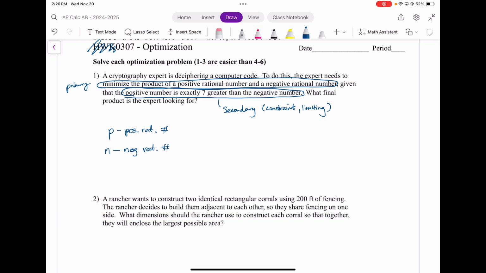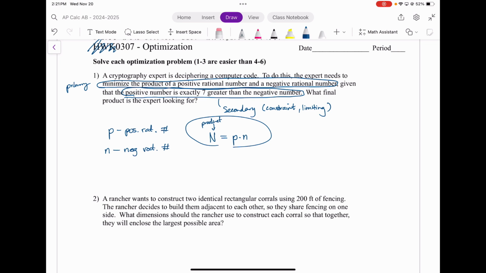Okay, so the primary, let's see, what should we call the product? I guess we'll call it big N. So big N is the product. The product between these two is P times little n. So this is my primary equation. You could use different letters if you want to. These are just the letters I'm using.